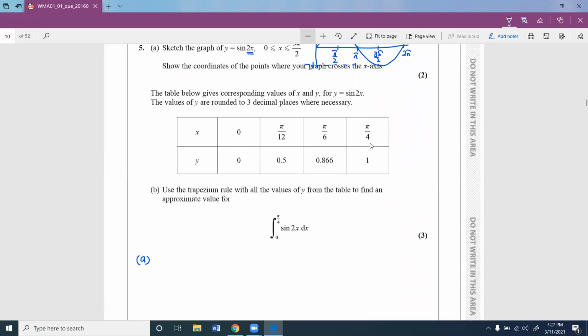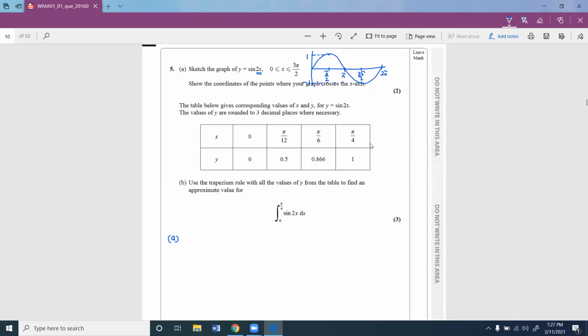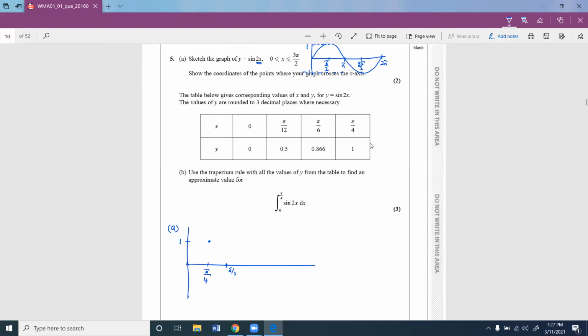So I will make it a little bit smaller. Then you can draw the graph like this. Over here, 0 does not make any impact. Then pi by 2 turns into pi by 4. So this is 1. And this pi value turns into pi by 2. Then 3 pi by 2, if you divide it by 2, becomes 3 pi by 4.